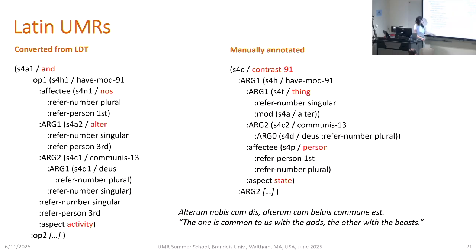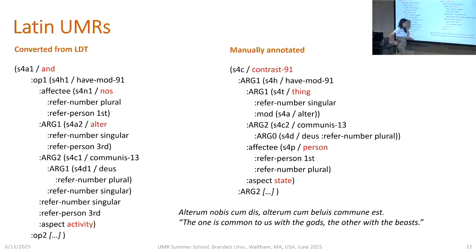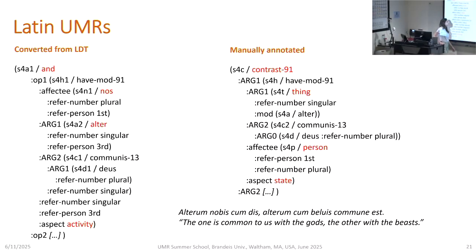And then entity nodes such as person or thing, which I was discussing also in the UD conversion, are not exactly correct. For example, with the affectee, it should be an entity node, but we still have the lexicalized pronoun, the first person plural pronoun, which shouldn't be there. We should just have a person node. But overall, the conversion works well enough.